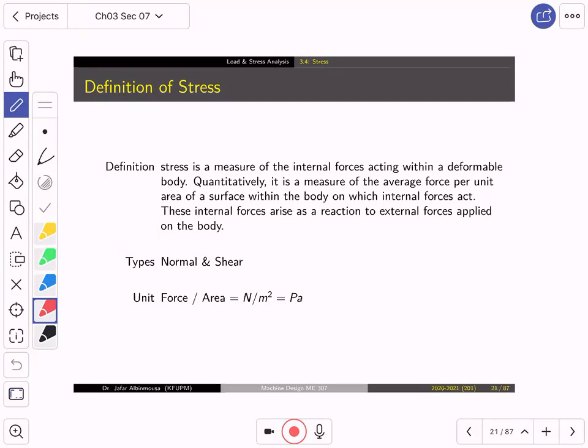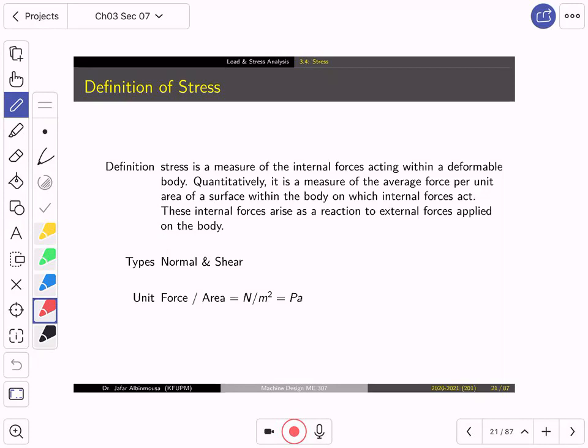A very precise, clear definition. The fact that the body is deformable matters, because if it is a rigid body, the stresses are minor or even 0.